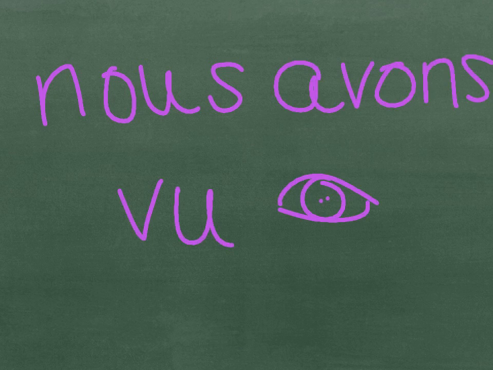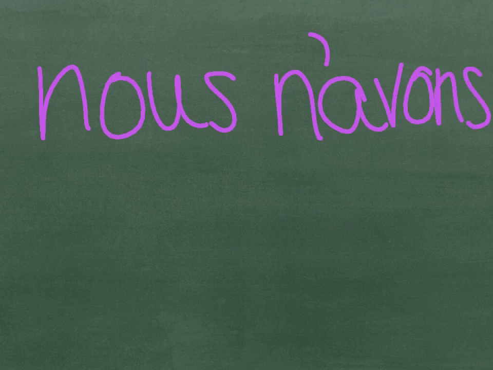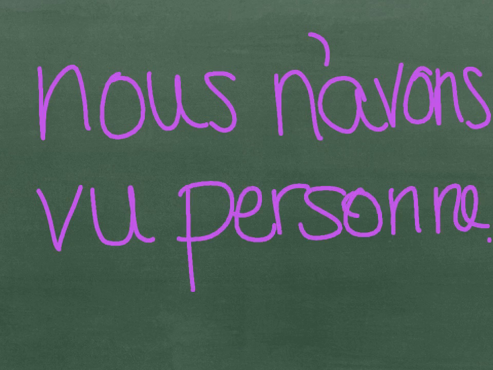We want to say, we didn't see anyone. Nous, again, an apostrophe goes before the avons, but this time, vu comes directly after the form of avoir, and after the past participle vu, we write personne. So we didn't see anyone is nous n'avons vu personne.